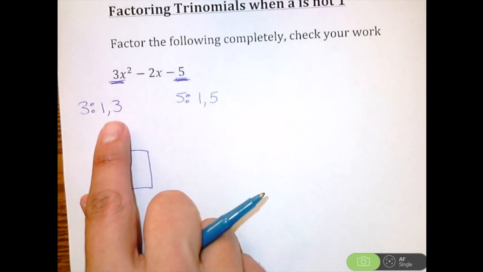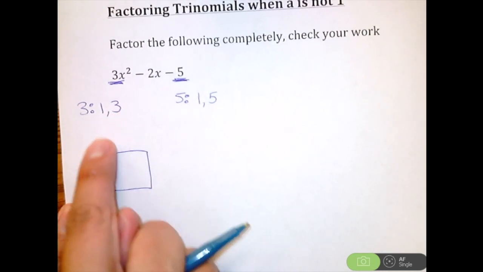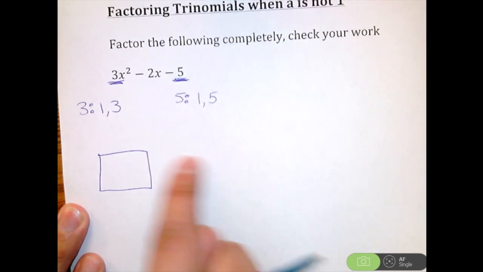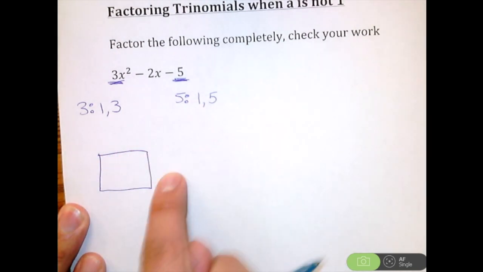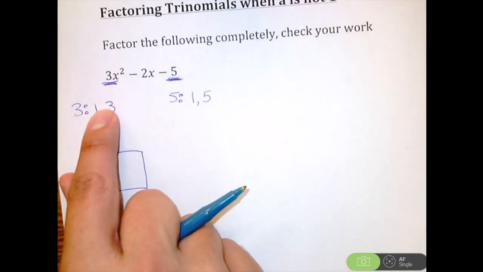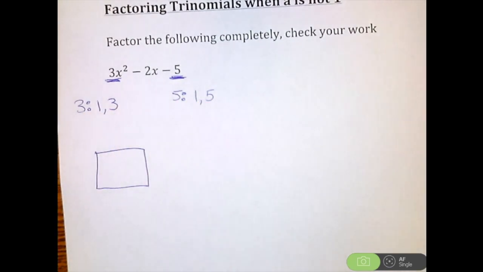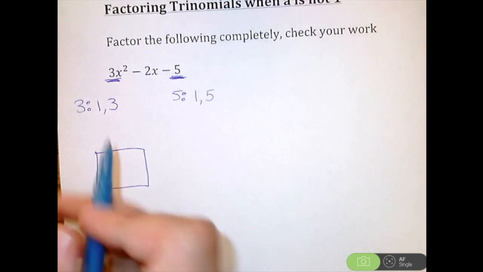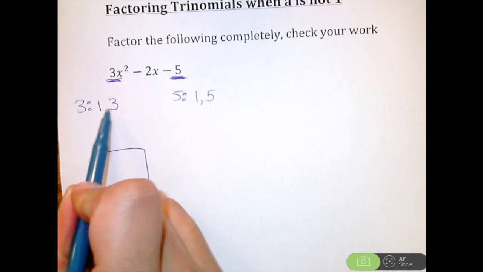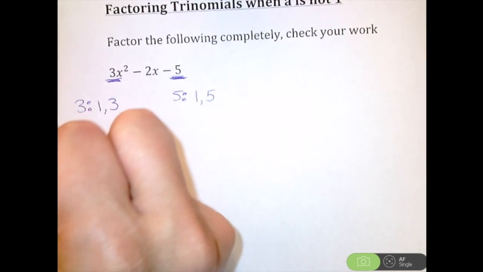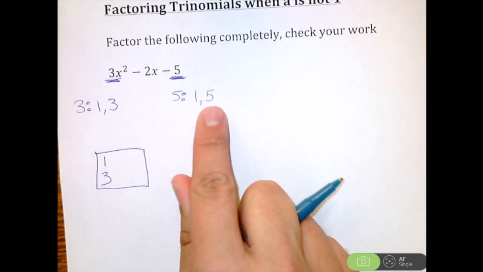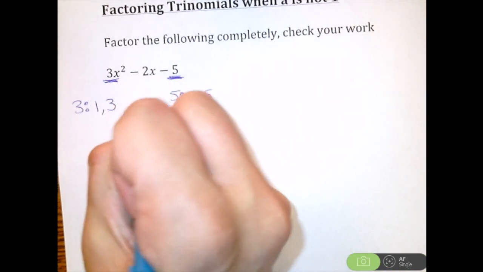In later problems, you might have several pairs of numbers here, so you might have to mix and match, try different pairs, like this pair and the third pair, or this pair and the first pair. Get used to that, and I'll show that more in later videos. But for this one, I only have one option for my front, which is 1 and 3, and one option for pairs in the back, which is 1 and 5.